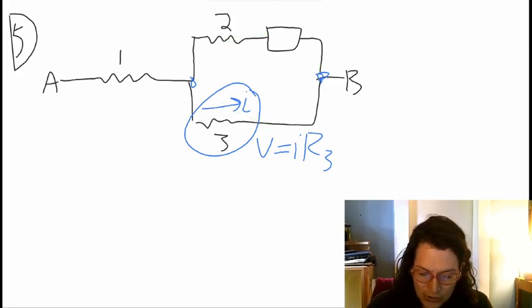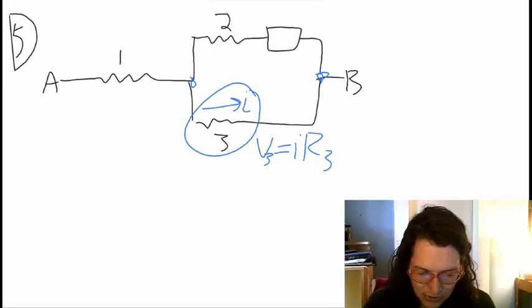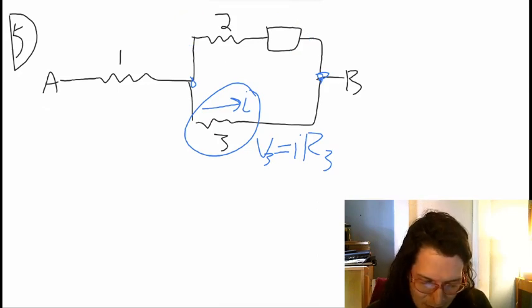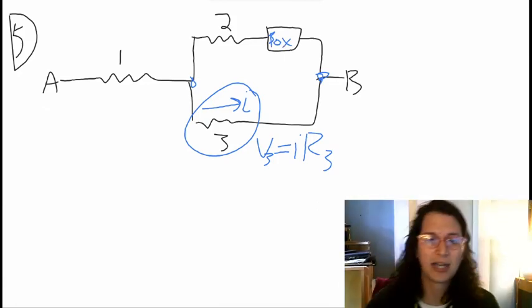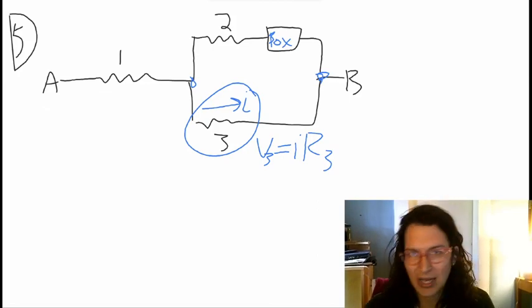So we'll go ahead and call this voltage 3. And once I know voltage 3, I know that has to be equal to the sum of these two voltages up here. Now, I don't know anything about this mystery box. In fact, they're asking me, is it adding or subtracting energy, right? So they're even saying, we don't even know if this is a resistor or a battery. We don't know anything about it.